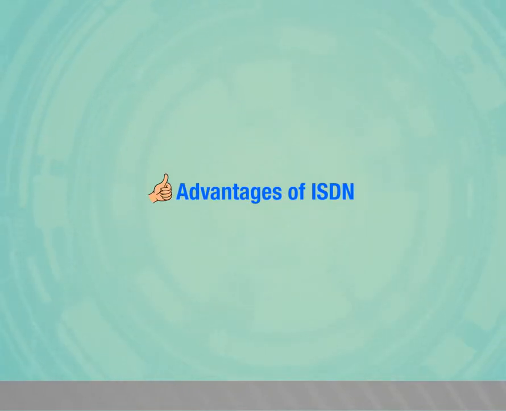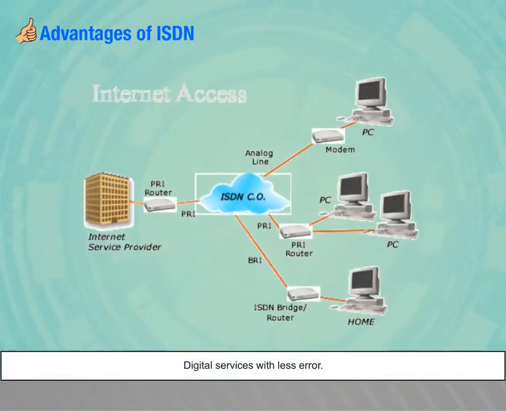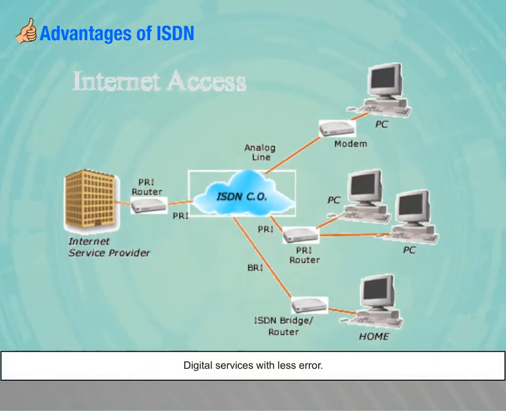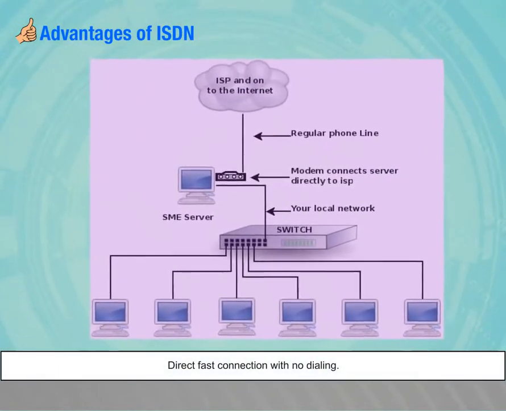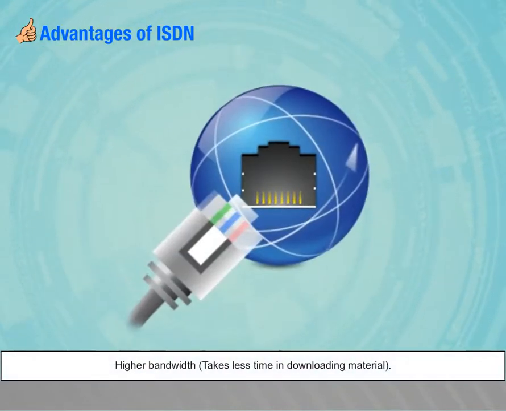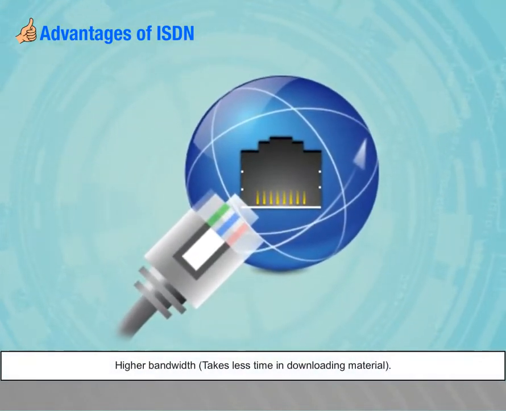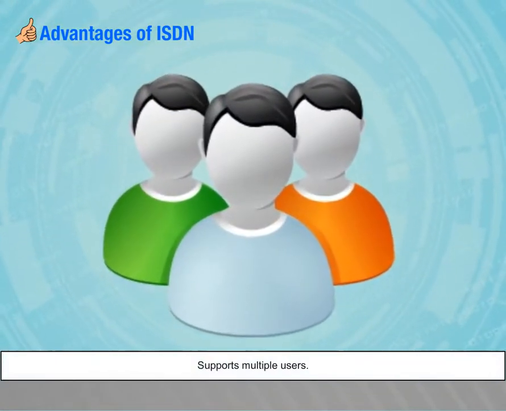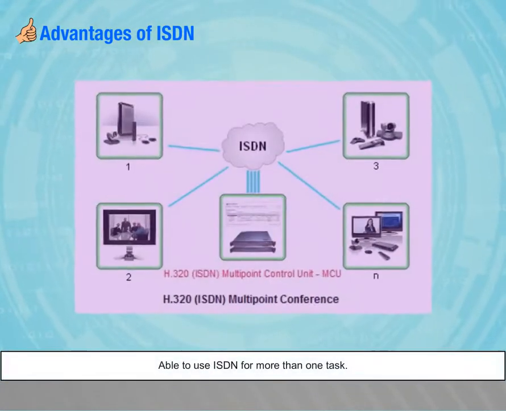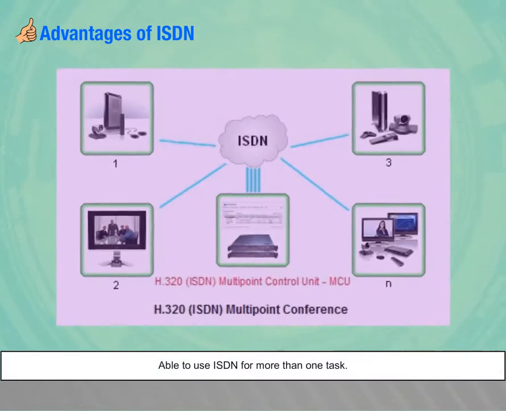Advantages of ISDN: digital services with less error, direct fast connection with no dialing, higher bandwidth, that is it takes less time in downloading material, supports multiple users, and is able to be used for more than one task.